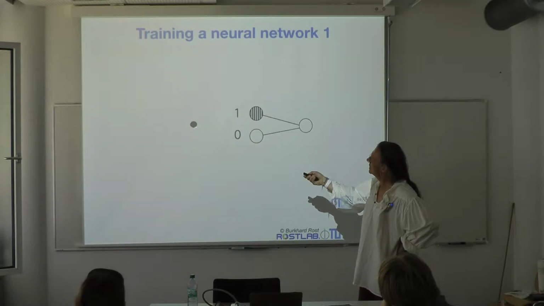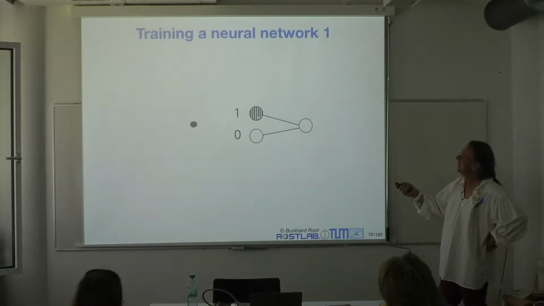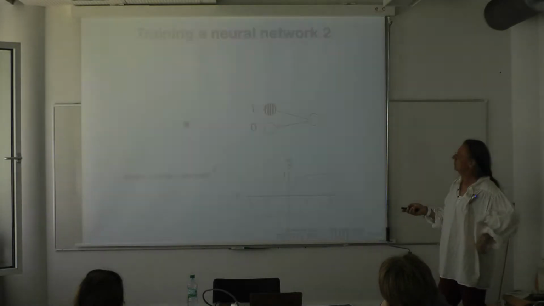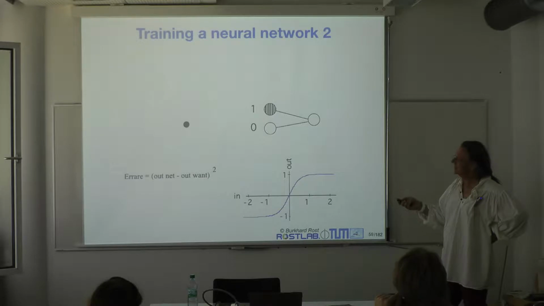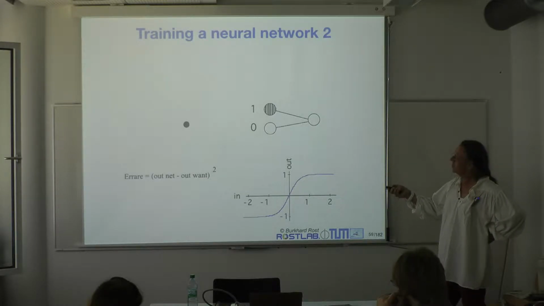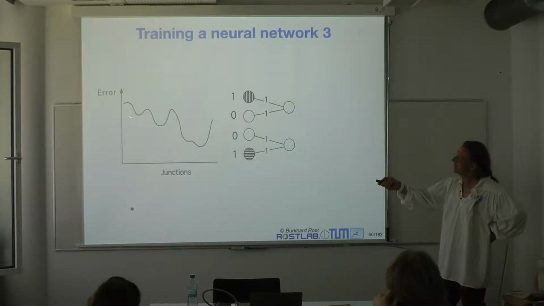There's an open circle, there's a dark circle here, and you want to classify these two circles. So the input for this one is 1 and 0. And so you train that system by changing the connections. The mistake that you make is what you get out here minus what you want, squared. You train it by going downhill in the error space of the connections.